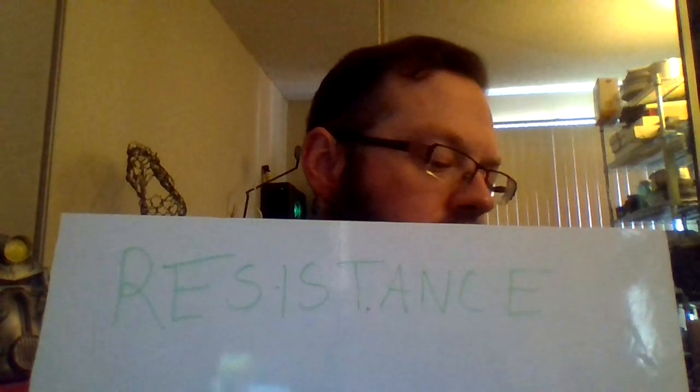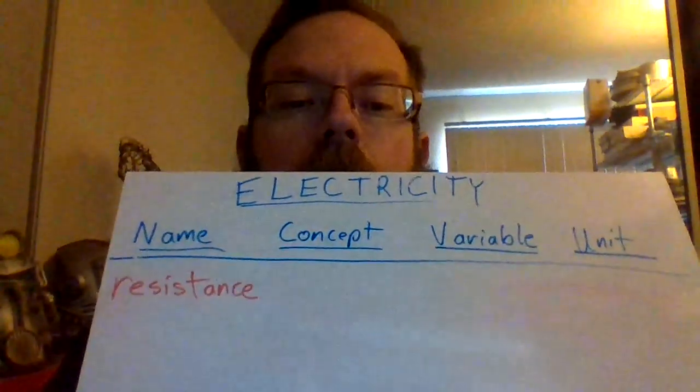Resistance is the idea. We can talk about it being the resistance to flow, we could write down. So we could say resistance is the resistance to electron flow. You might also think about it as electron friction as it flows.